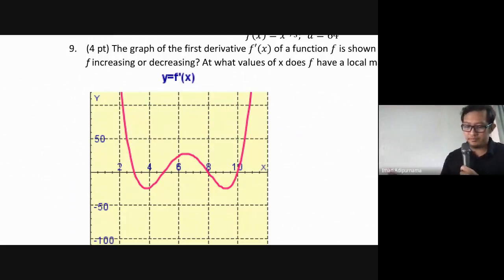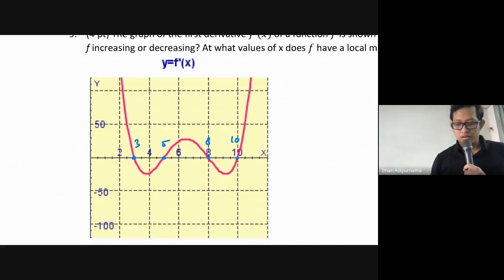If we have f prime, the critical points are here, here, here. We have 4. Okay. So at 3, 5, 8, 10 are our critical points. In the positive region, f is increasing. In the negative region, f is decreasing. We have done this before. I think you should be okay.